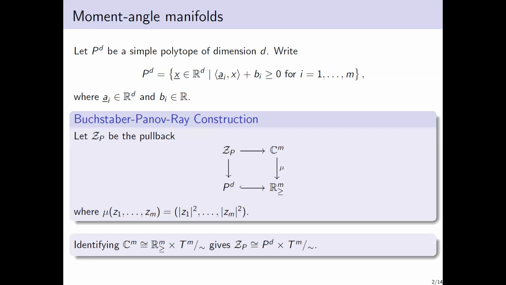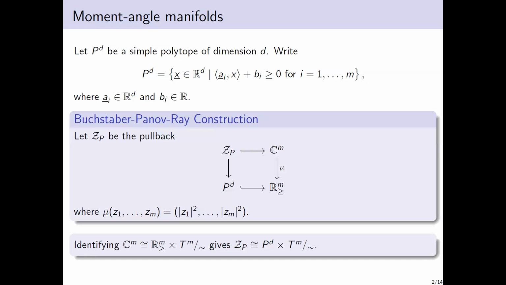So the Buchstaber-Panov construction says that there is a natural embedding from P^D to R^m with a symbol greater or equal at the bottom. This symbol means the space in R^m such that each coordinate is greater or equal to 0.